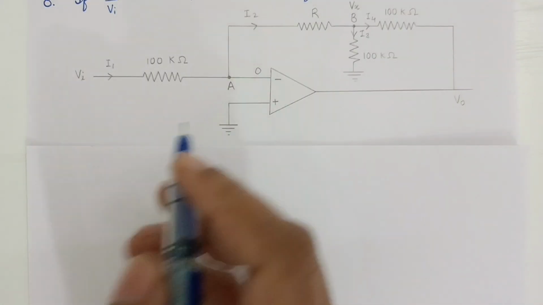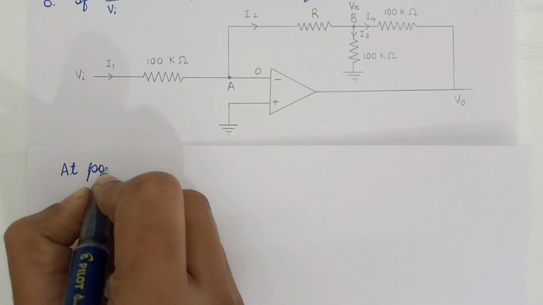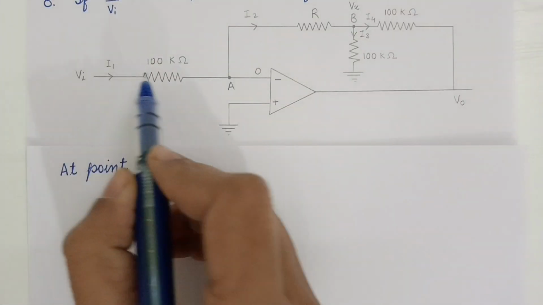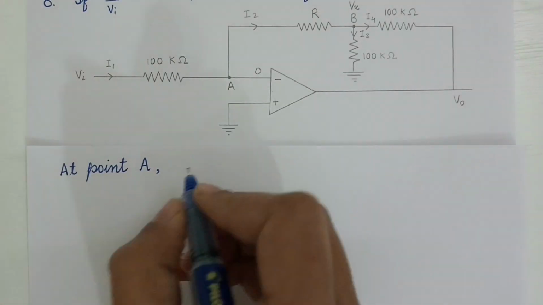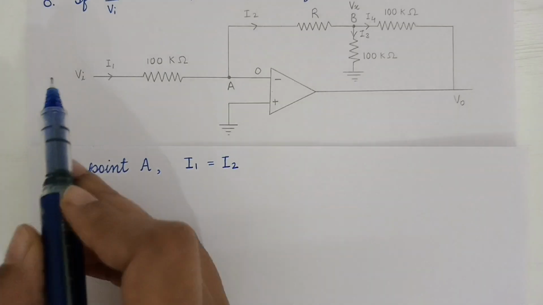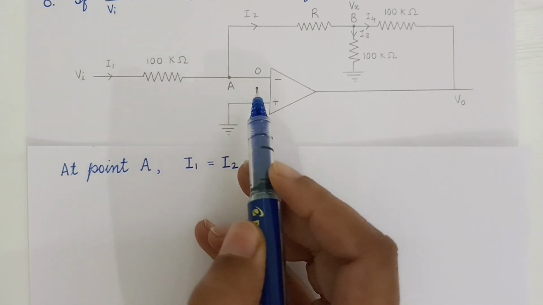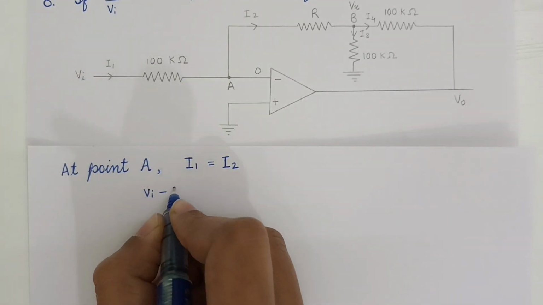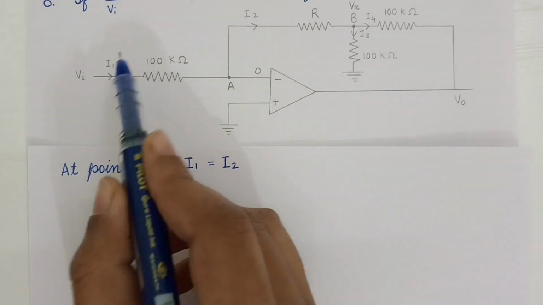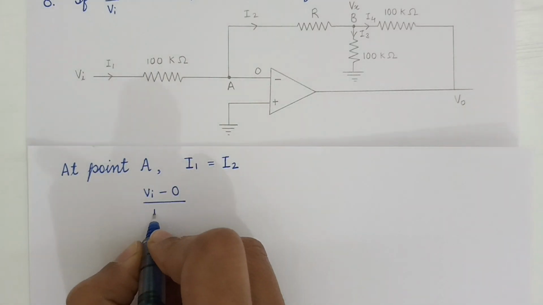So at point A, I1 is equals to I2. Vi minus 0 for I1 divided by the resistance, that is 100 kilo ohm.